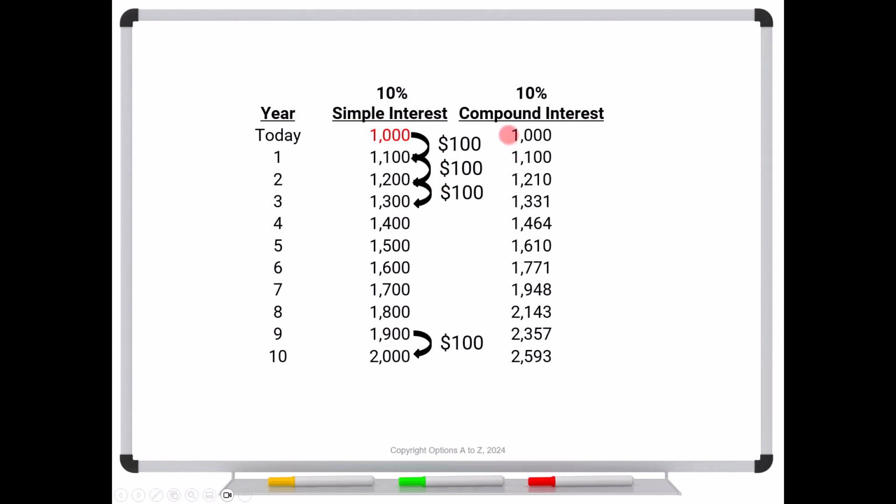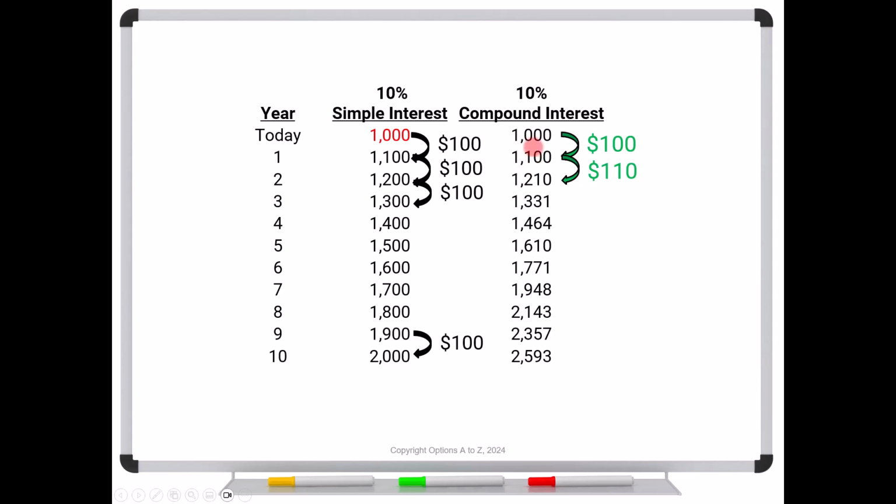Compound interest, on the other hand, does pay interest on interest. So let's look at that same scenario under compound interest. You deposit 1,000 bucks. At the end of the year, you've got 1,100, just like you did under simple interest. But in the second to the third year, you're going to make 10% on 1,100.